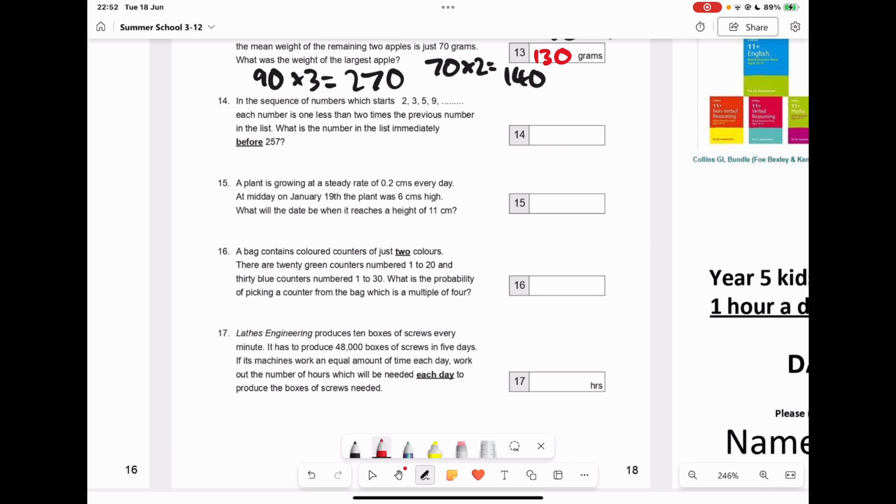So we've got to remember that 257 is 1 less than 2 times its previous number. So 2 times the previous number must have been 258. And then the previous number must have been 258 divided by 2. So we take 258 divided by 2, which is equal to 129. And that's the answer.